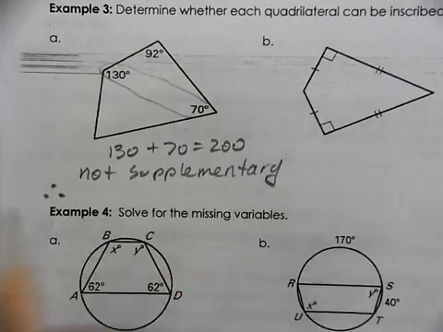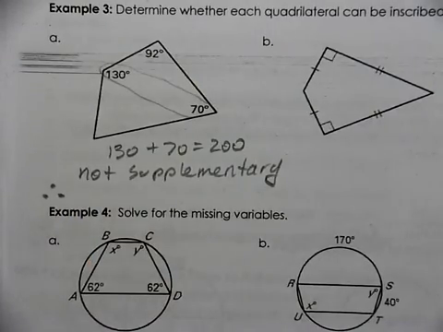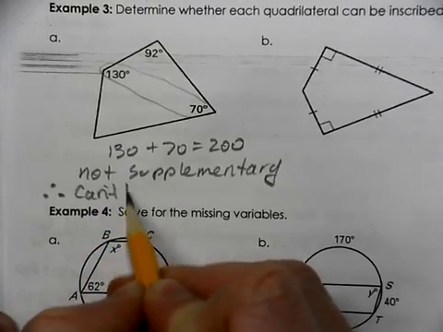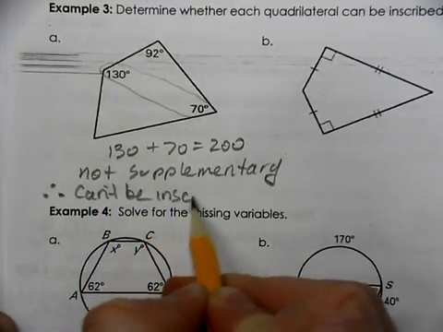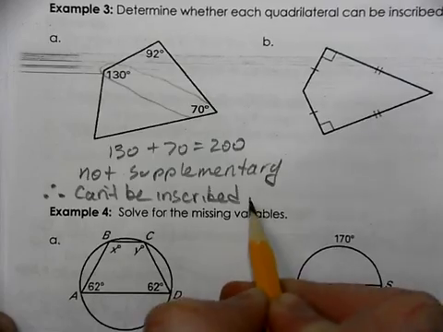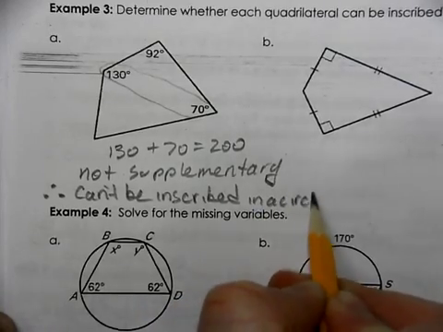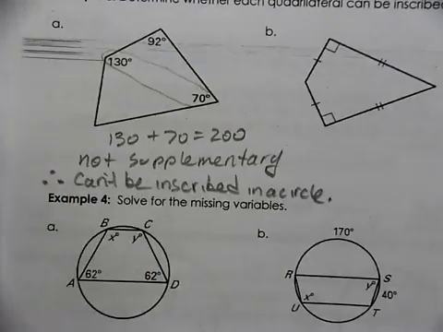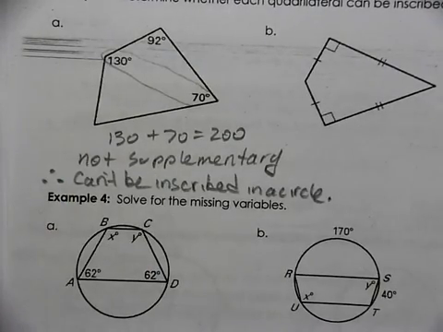Therefore, you can use three dots to represent the phrase therefore. Therefore, this can't be inscribed in a circle. Because the opposite angles don't add up to 180, it can't be inscribed in a circle.